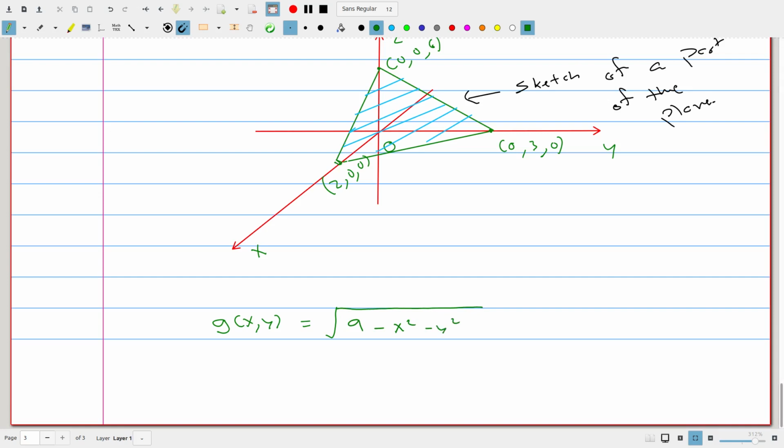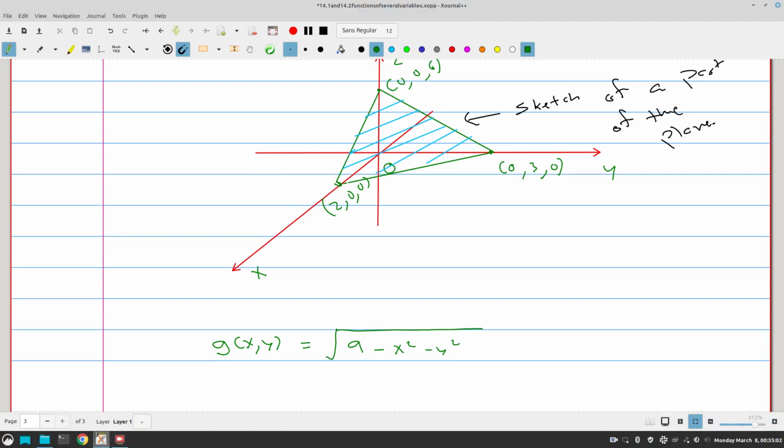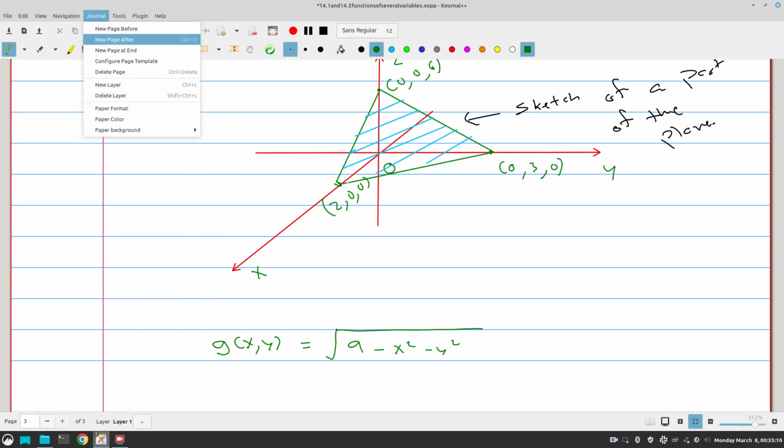Now, as we saw before, the domain of g of xy is everything on and inside the circle of radius 3, centered at the origin. So we're going to try to sketch the surface given by g of xy.